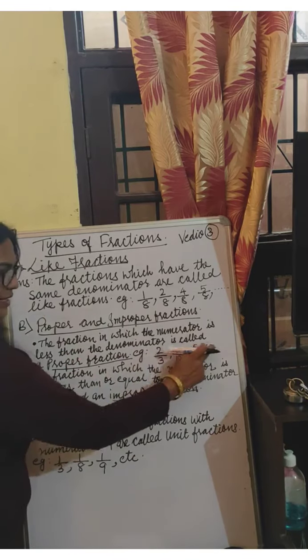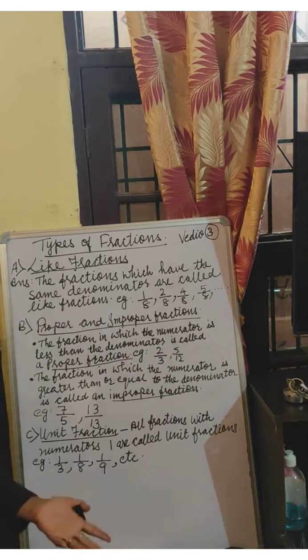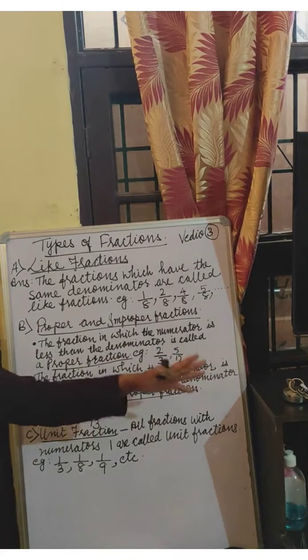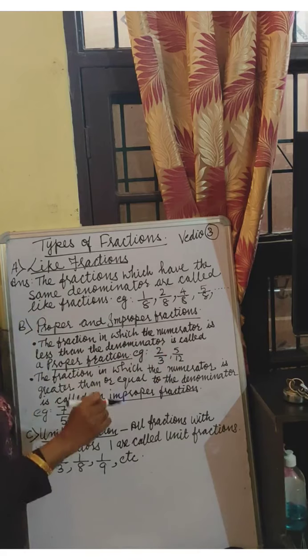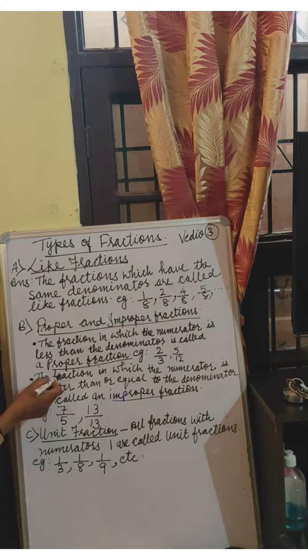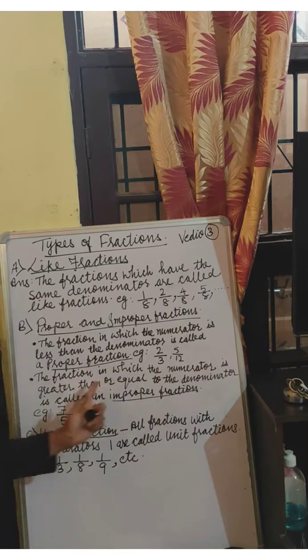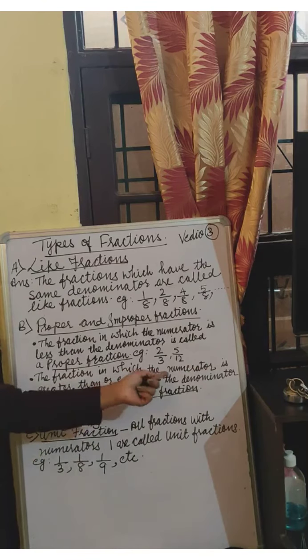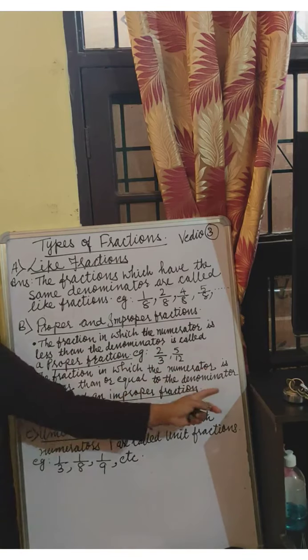Here you can consider a single fraction or a group of fractions. So proper fraction means the numerator is always smaller than the denominator. Now improper fractions, just the opposite. The fractions in which the numerator is greater than or equal to the denominator are called improper fractions.